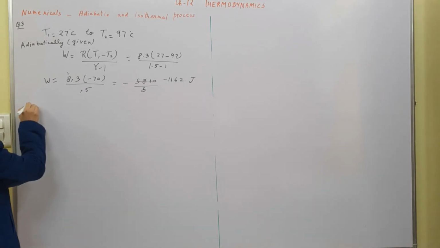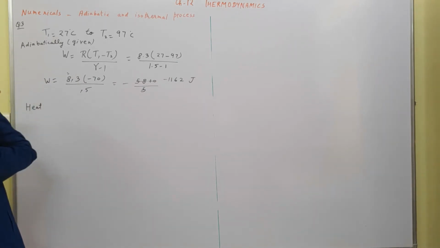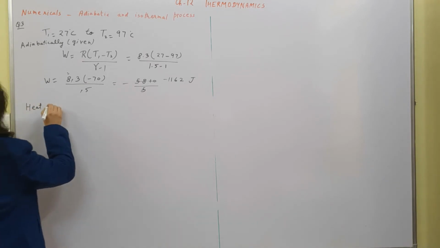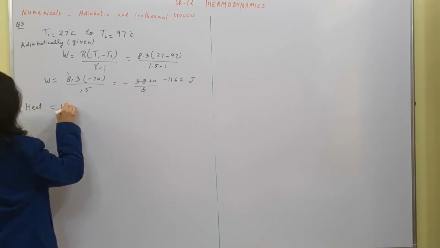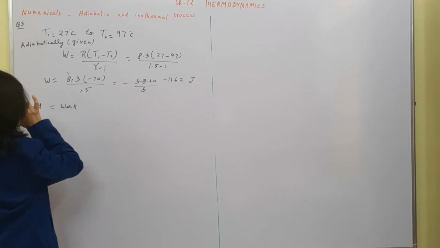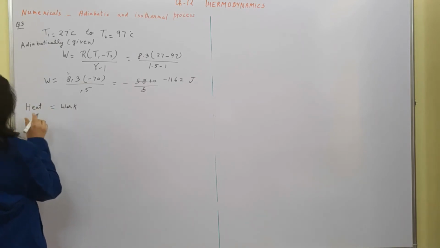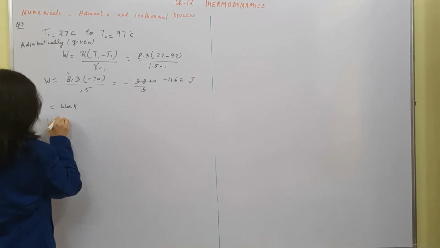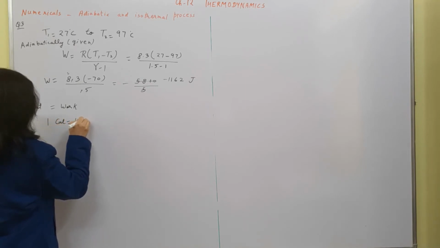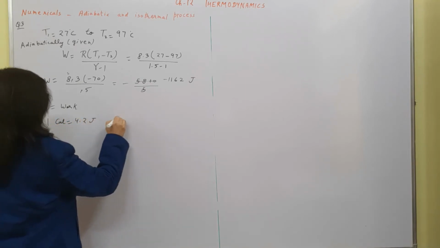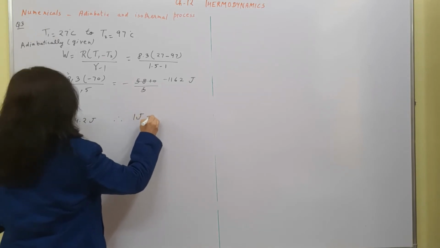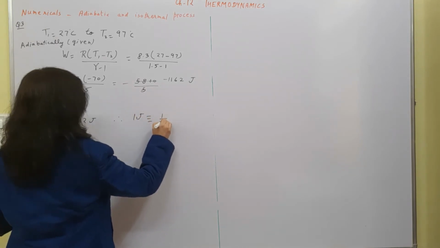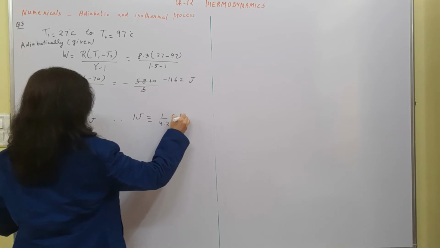Then for heat, heat in joules is equal to work. So we can use the work heat equivalent. 1 calorie is equal to 4.2 joules. Therefore 1 joule is equivalent to 1 upon 4.2 calories.